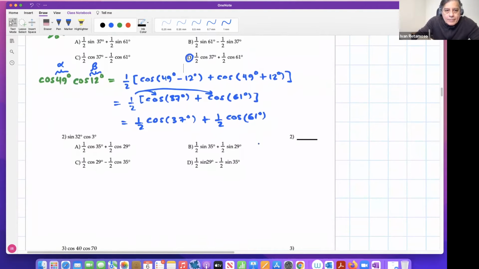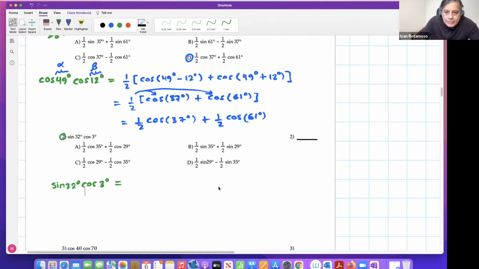This one, try to do it. It's a little bit different, but it deals now with turning the multiplication of sine of 32 degrees times cosine of 3 degrees into a sum. So we're going to use a different formula.